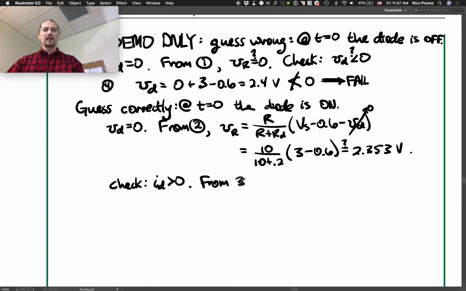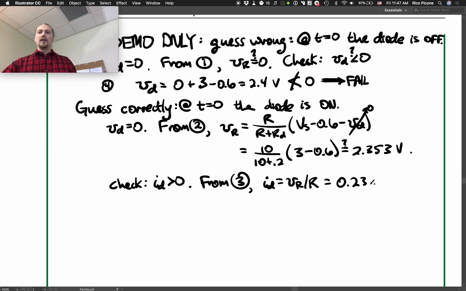So from 3, we know that ID is equal to VR over R. And if VR is 2.353 and R is 10, then this is equal to 0.2353 amps, which is greater than 0. So that checks, right?